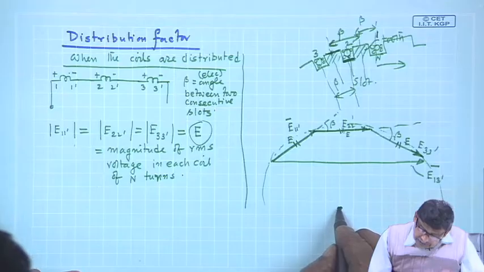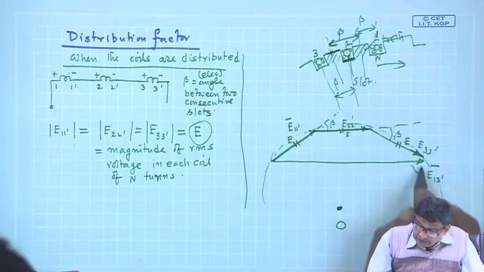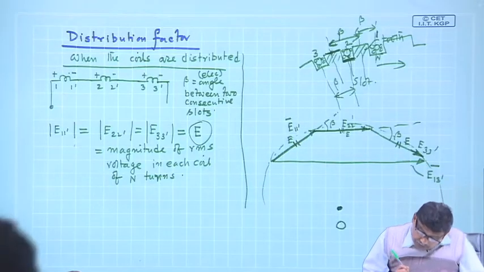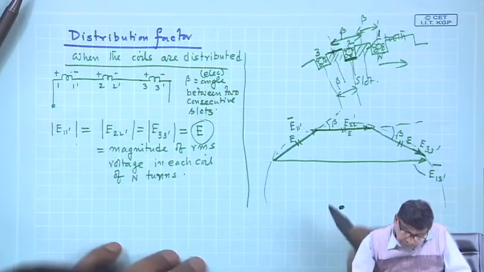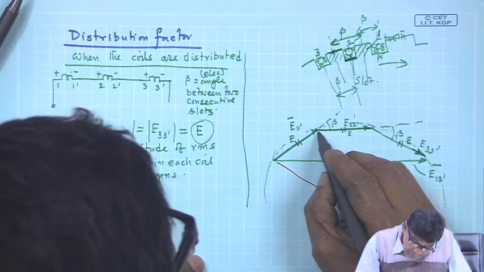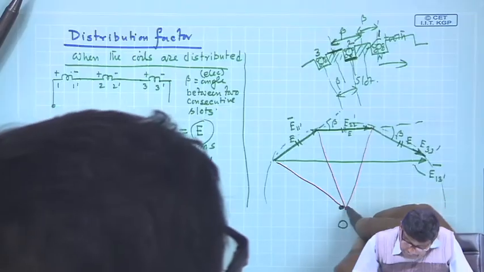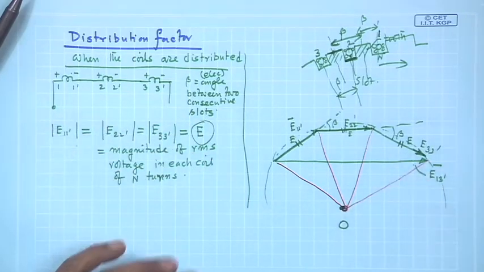Then suppose this is the center of that circumscribing circle. Now, you join these points to the center of this circumscribing circle.